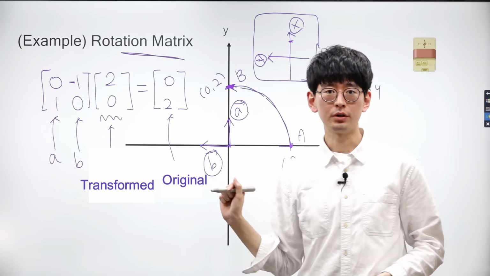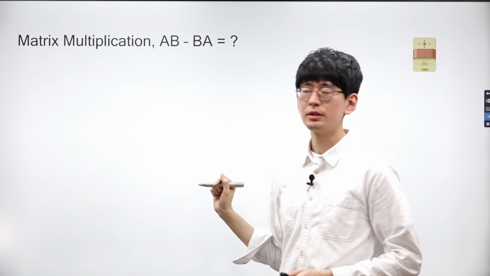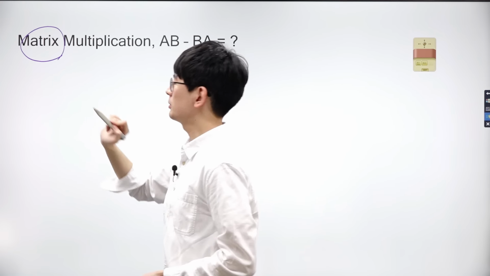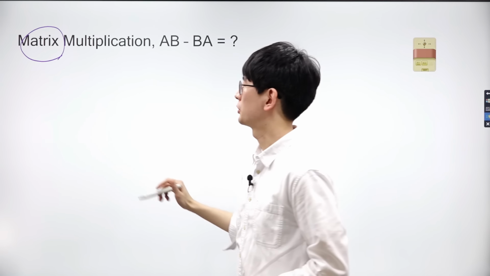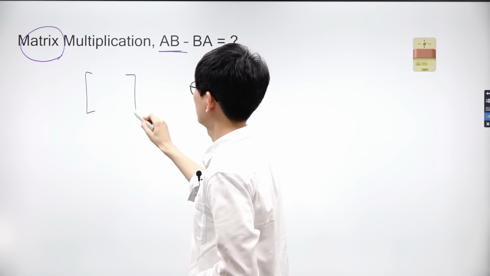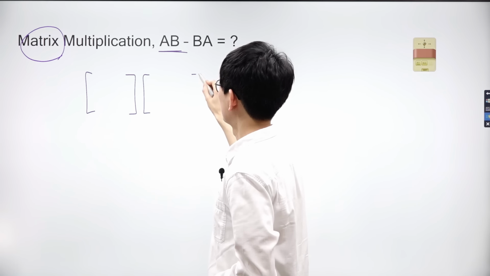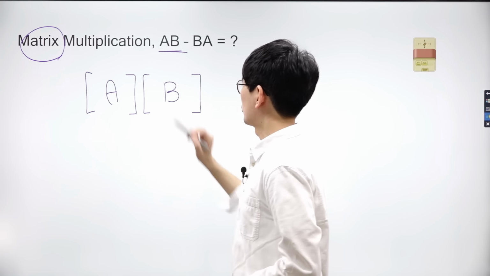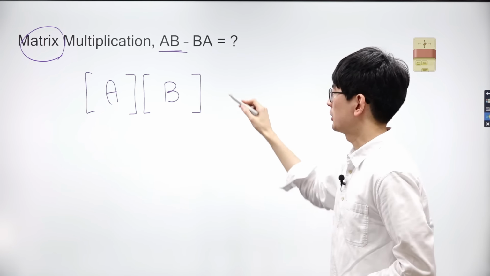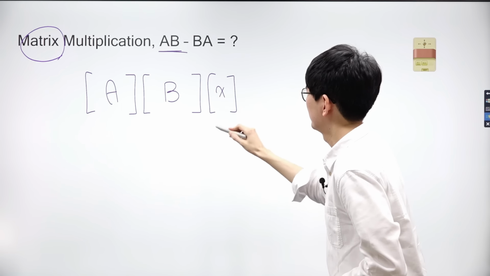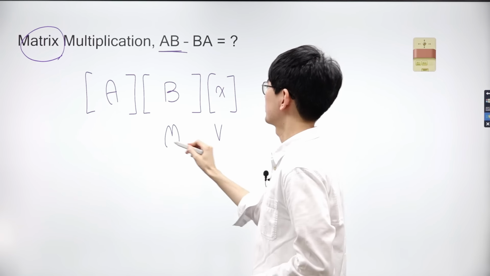From now on, we're going to explore the multiplication between two matrices instead of a matrix and a vector. Let's see what happens when we multiply two matrices. Let's consider multiplying two matrices A and B along with a vector x. Once again, A and B are matrices and x is a vector.